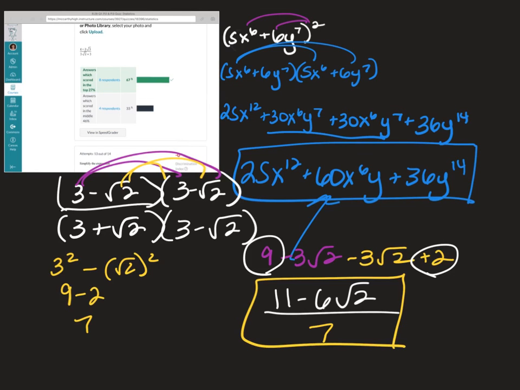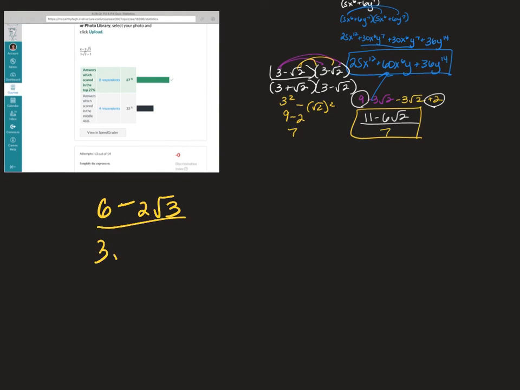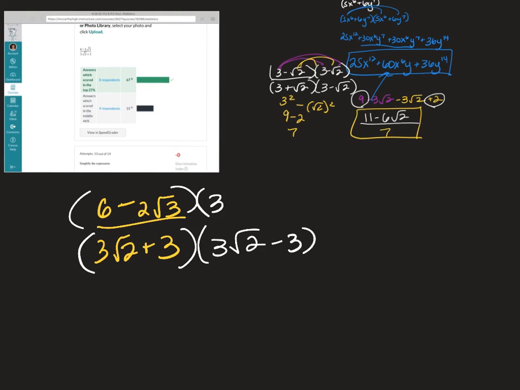So this question was the same. It was on the other version, but 3 root 2 minus 3 is what you'd be multiplying both the top and the bottom by.